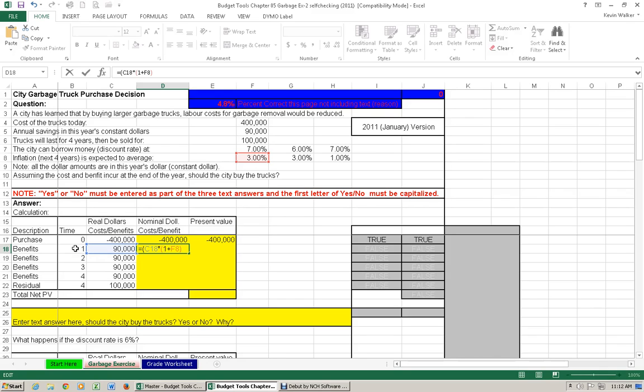Year 1. The easiest way to do this, in my opinion, is to raise it to a power. If you remember your math, when you raise something to a power, the power is the number of times you multiply it times itself. So in this case, it's year 1. Let's just reference the time. You've already got it worked out here. So we'll just do it like this.